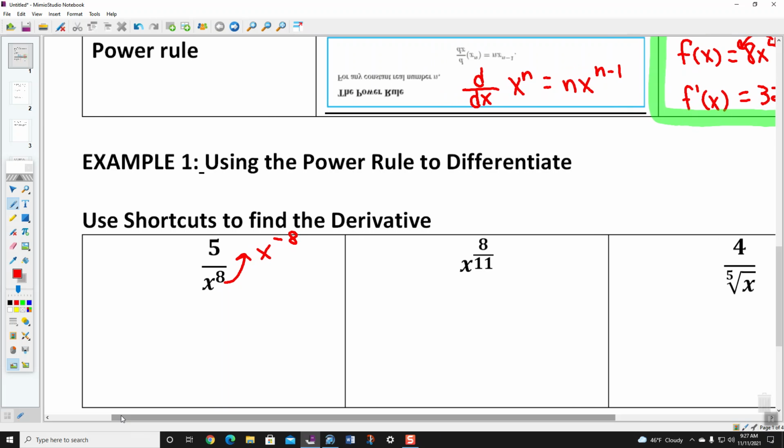I'm going to make a note here after a rewrite. Guys, this is the same as 5 times x to the negative 8 power here.